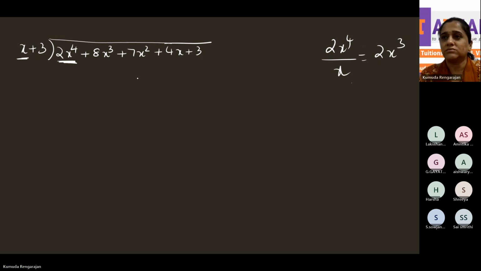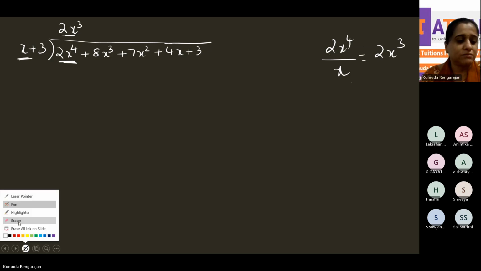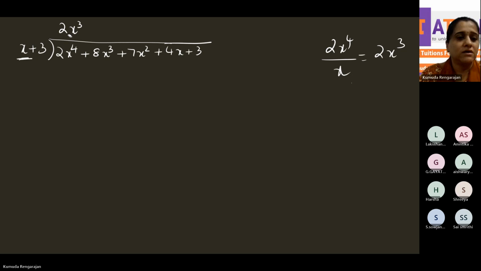2x cubed. Correct? Now place that here. Now multiply 2x cubed with x and write the product here. After placing x cubed in the quotient, multiply x cubed with x.